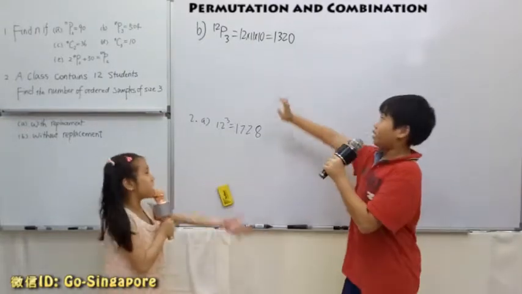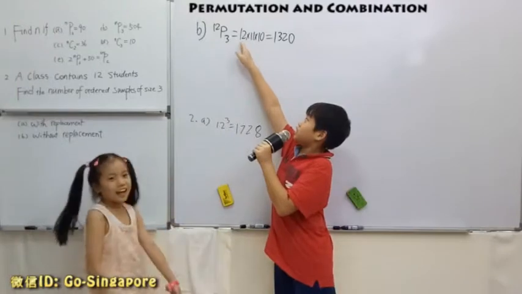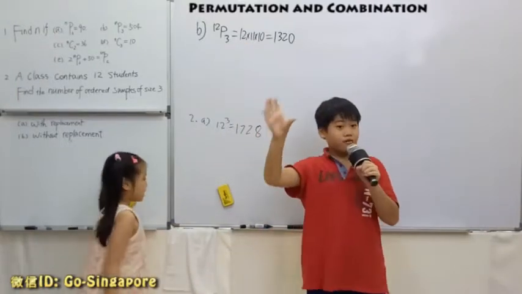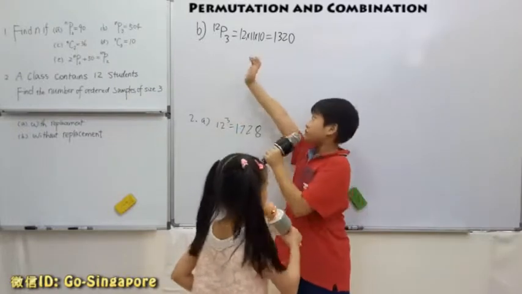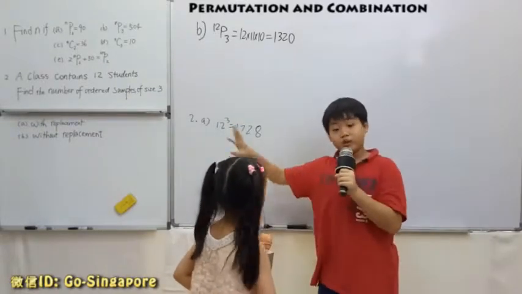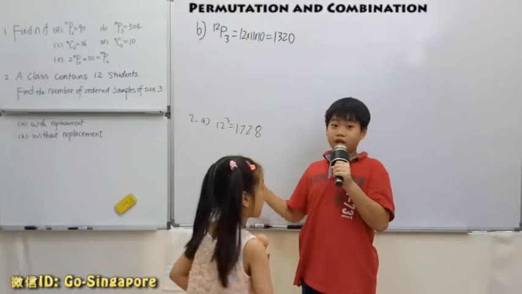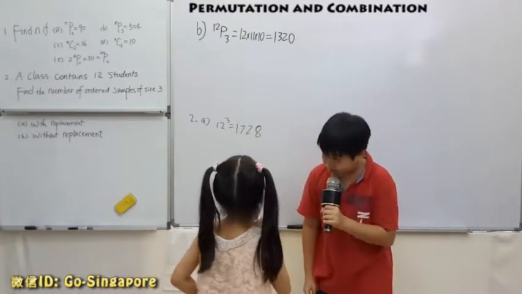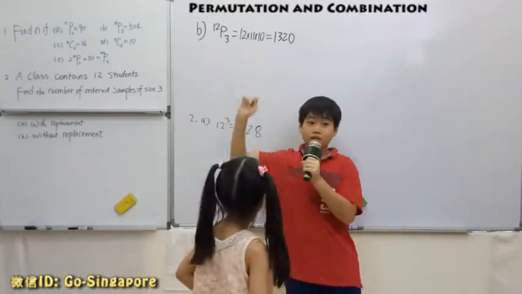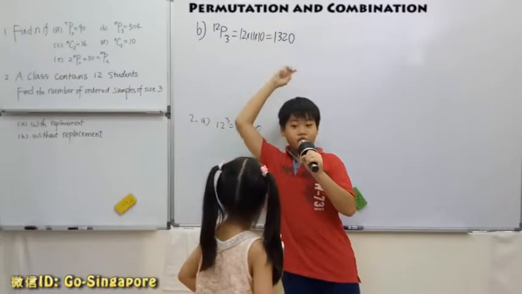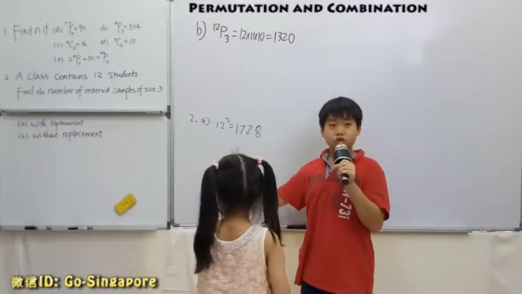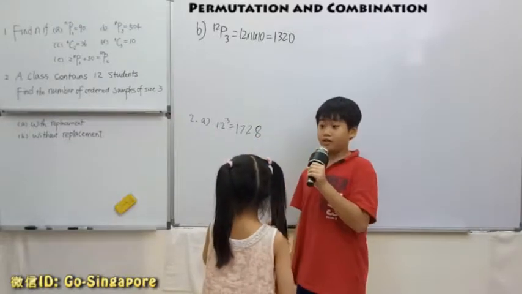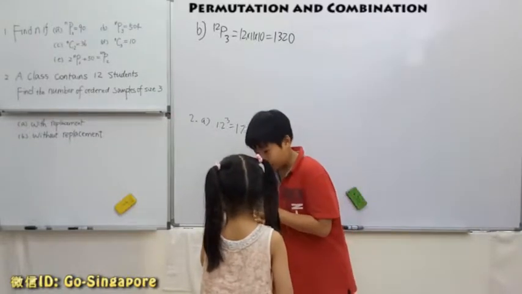For the first time you have all your students, which is 12 choices, right? Then the second time, one is chosen, so you cannot choose that one again. That means this is 11. Then for the third time, the last time, there are already 2 students chosen, so you cannot choose them again. So it's actually 10, right?